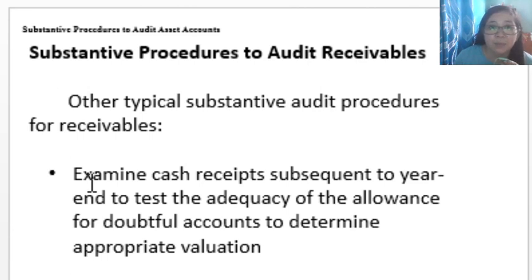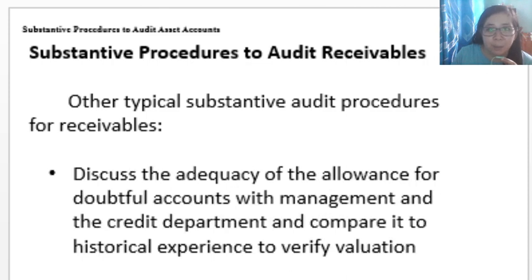The purpose of this is to test the adequacy of the allowance for doubtful accounts and also to determine if that is appropriately valued. Because in this case, collections will determine if a particular customer or account is delinquent or is to be written off, depending on the schedule of the accounts receivable.